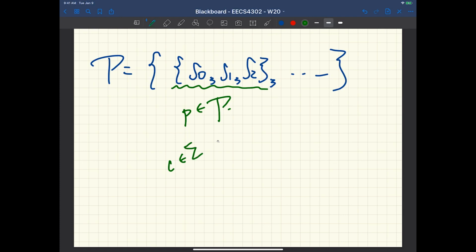If I can somehow find out that there's such a c, such that certain states, for example, S1 and S2, are all going to lead me to some other state, for example, maybe S4. On the other hand, by taking c from S0, it might lead me to maybe S5, a different state.